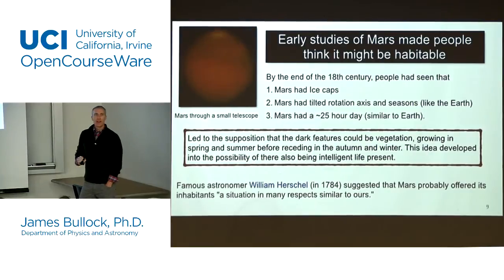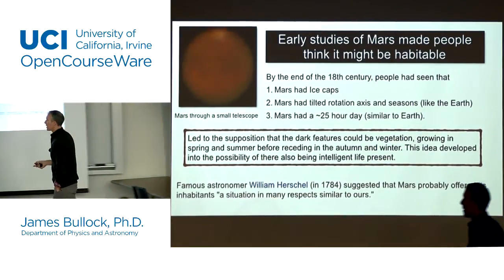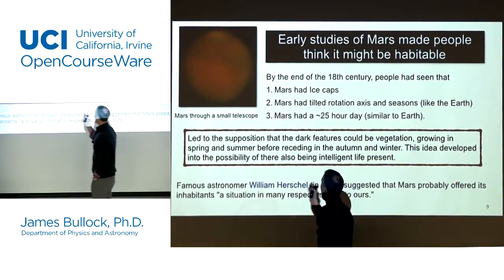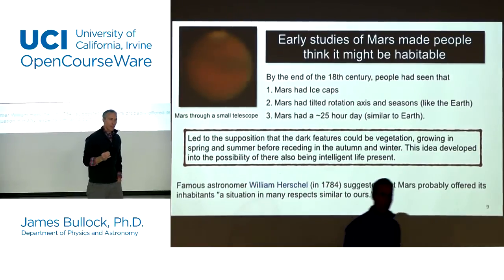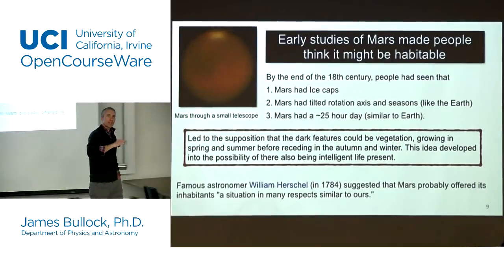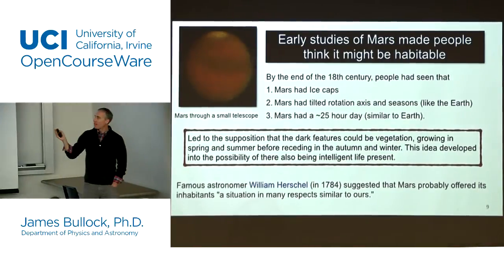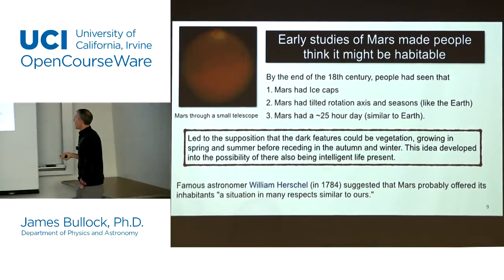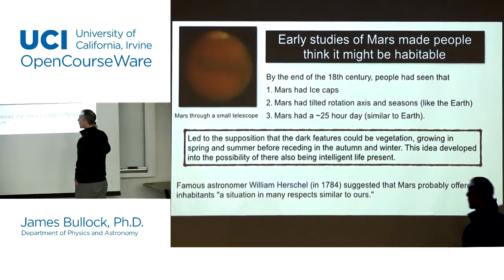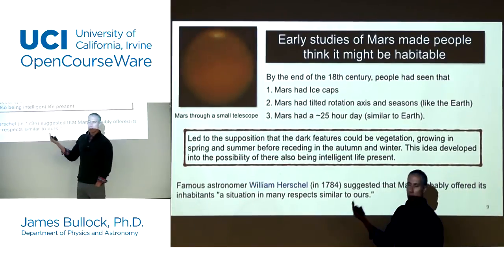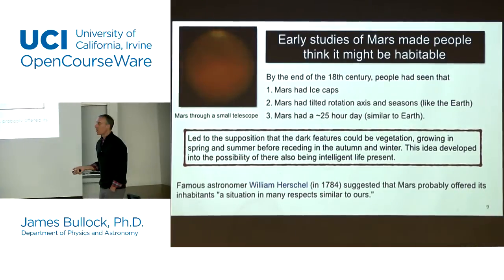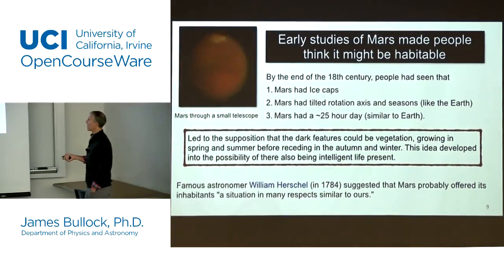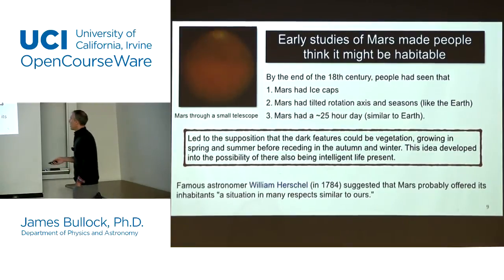You see that, and of course you would love to think about the idea of there being life on Mars, and people began to wonder whether these dark features were vegetation. And you would actually see seasonal changes in the nature of some of these spots. And people began to think, well, maybe they're growing in the spring and summer, and they're receding in the autumn and the winter, just like they are on Earth. And wow, boy, this is some really interesting possibility.